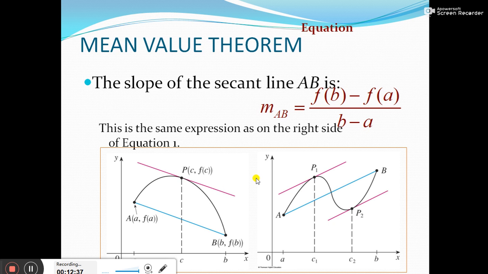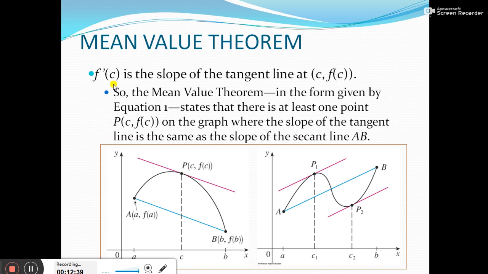Is it clear? And now f'(c) is the slope of the tangent line at this point P(c, f(c)). In the mean value theorem, there is at least one point P(c, f(c)) on the graph where the slope of the tangent is the same as the slope of the secant line AB.